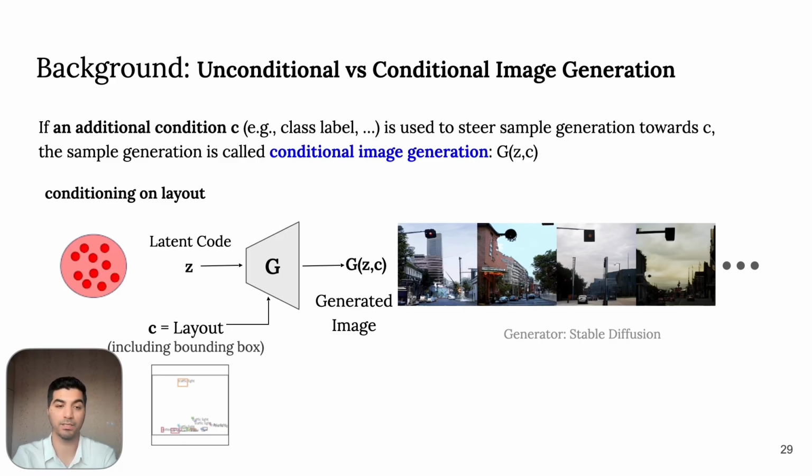This is a layout of the image that is going to be generated, including some bounding boxes. For example, this is a bounding box for traffic lights. This is a bounding box for cars and other objects. And as you can see in the generated images, we have some diversity and variation on other objects, but we have traffic light on all these generated images.